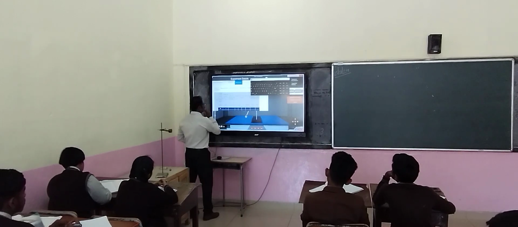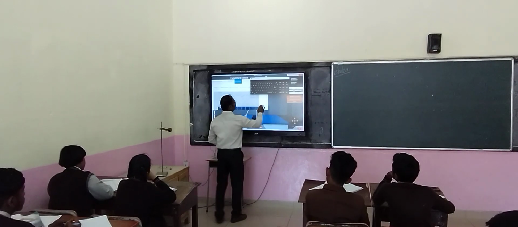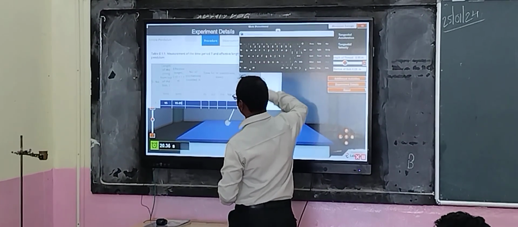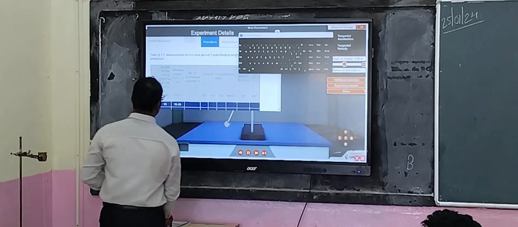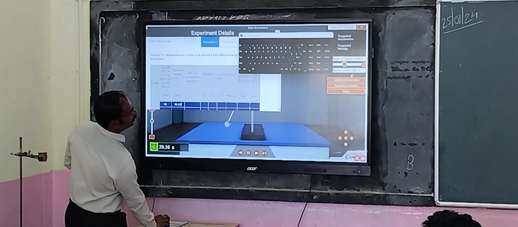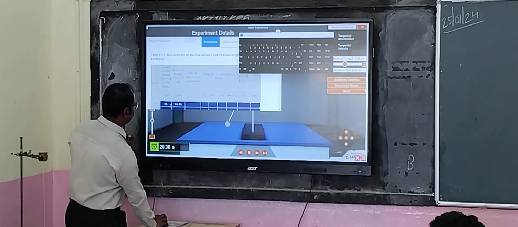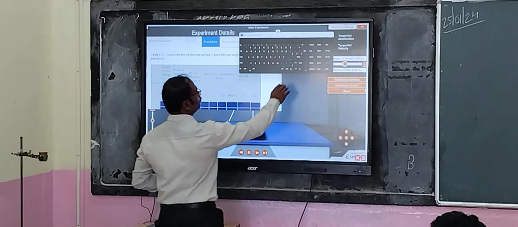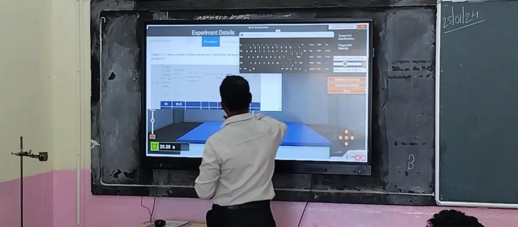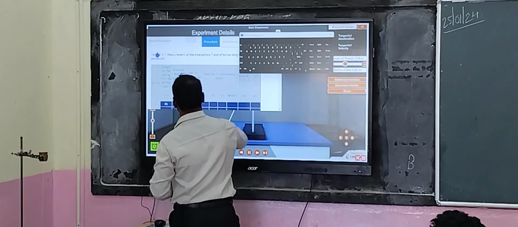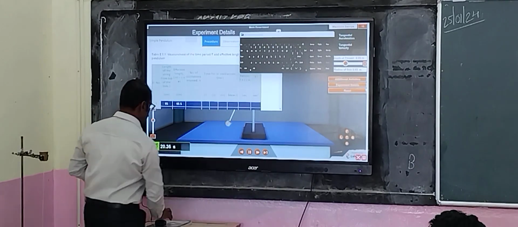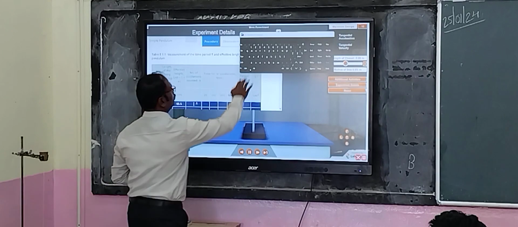Then effective length is 95.5 centimeter. The number of oscillations is 10.